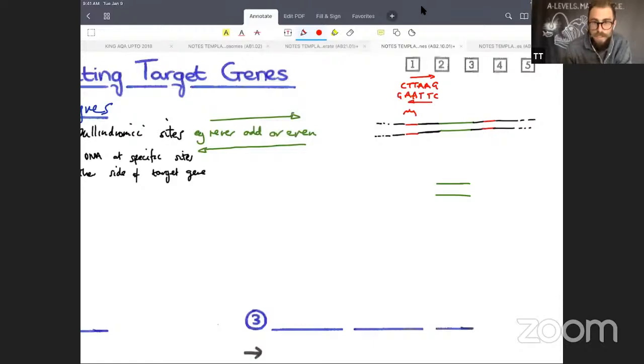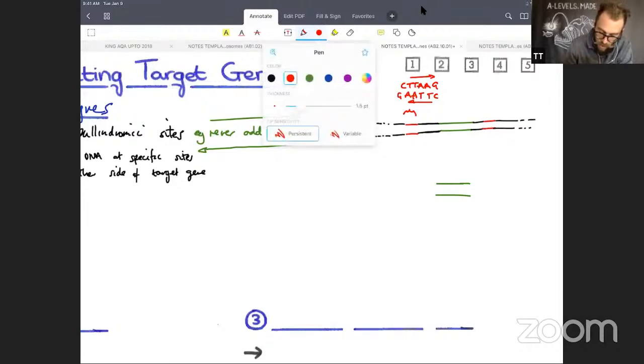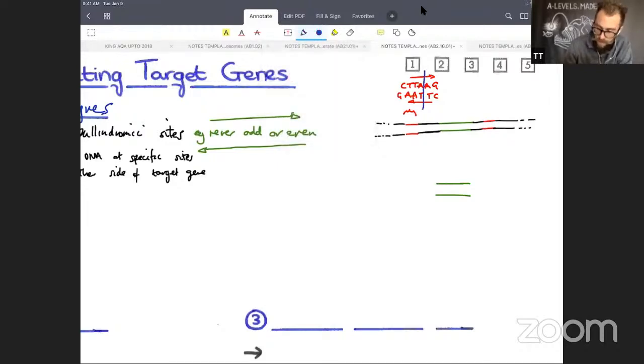So this is a little palindromic site here, and the way that it's going to cut, it doesn't just chop straight down like this. It's at the beginning of the sequence and at the end of the sequence. And I suppose if we put some other DNA in here, it would be C, T, A.